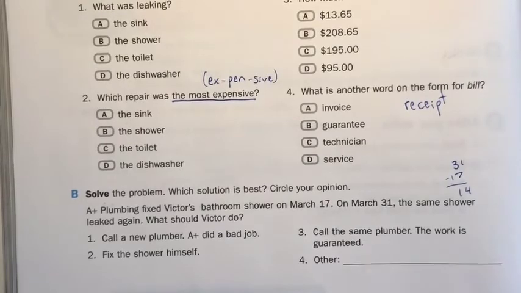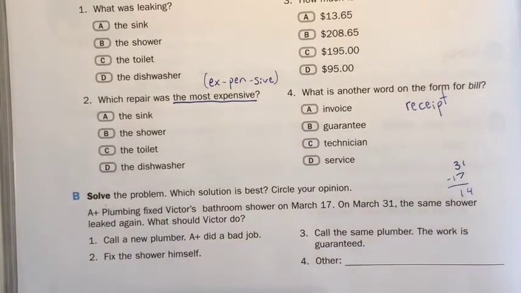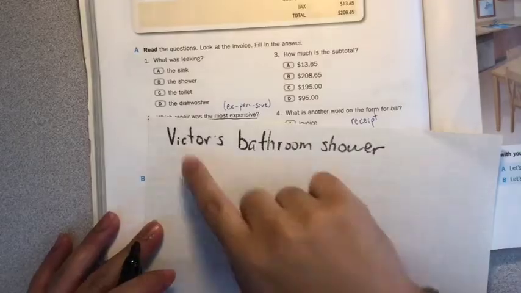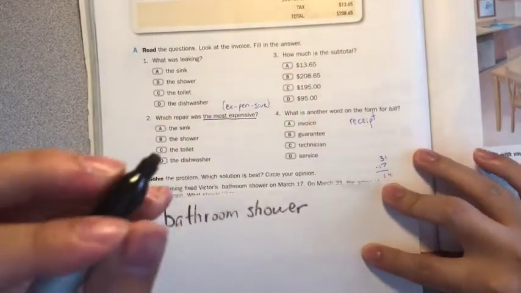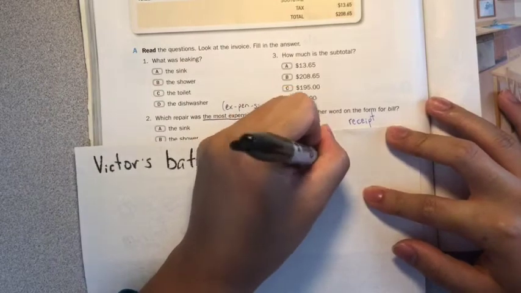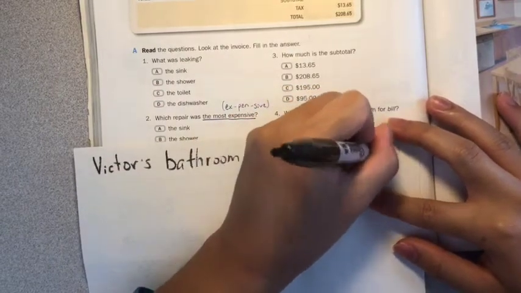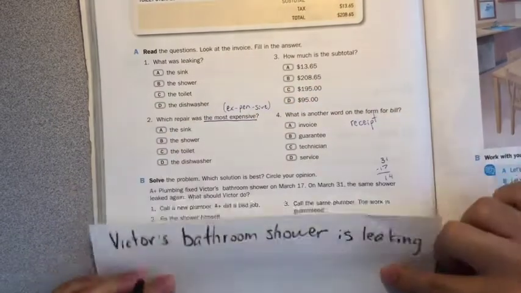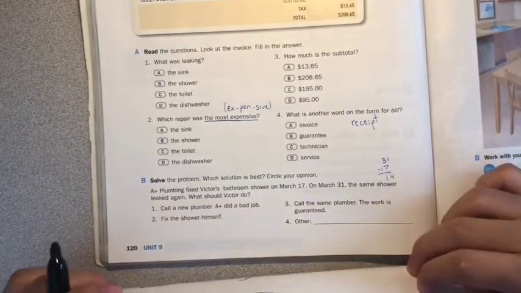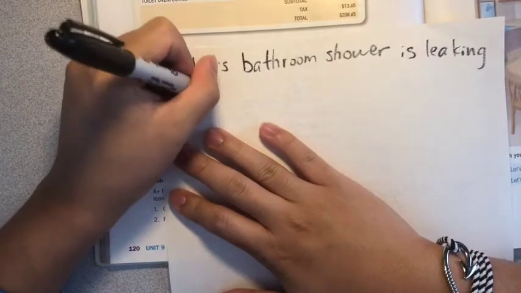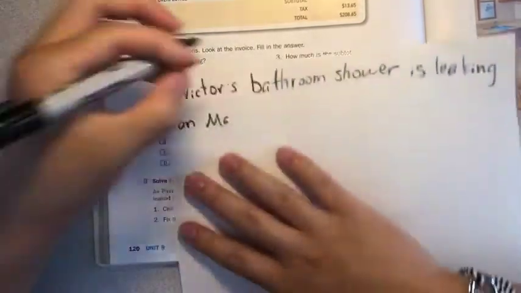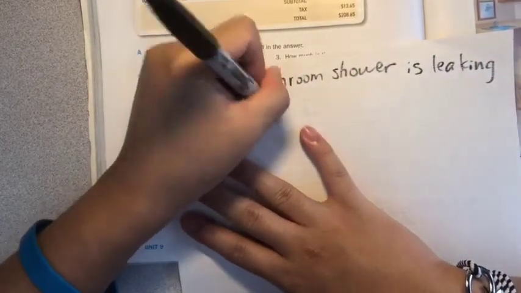So, it has been, I need paper. Okay, so Victor's bathroom shower is leaking on the 31st, on May, or is it on March 31st.